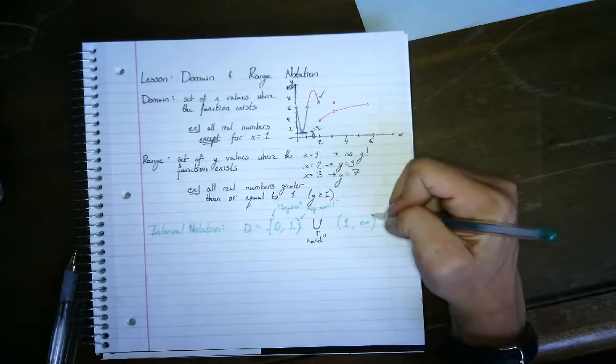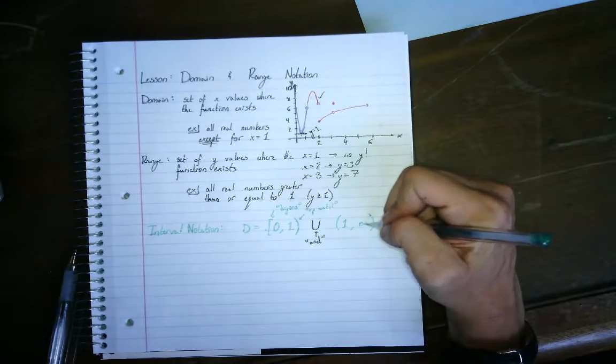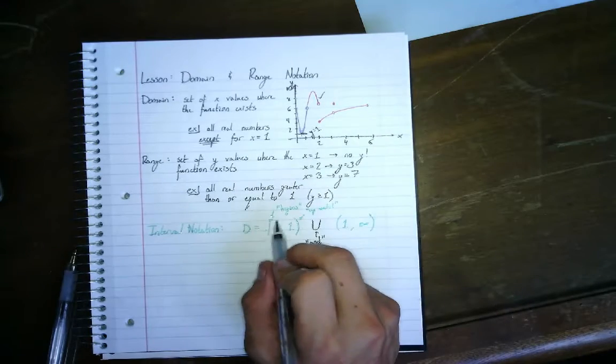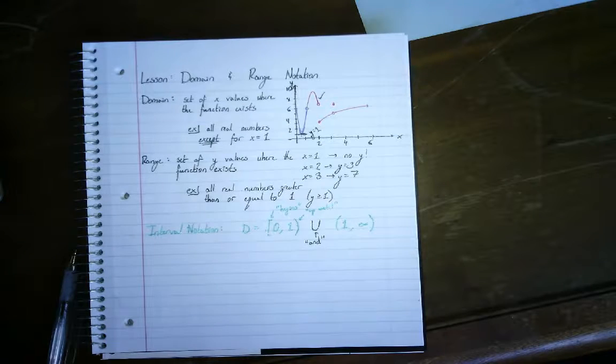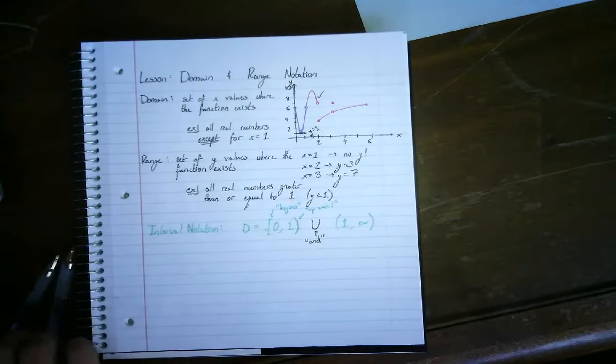And so just good notation is a parenthesis for this. If it was a definite number, we would close it with another bracket, but because infinity technically isn't a number, we can just say it goes towards infinity, not to infinity. So that's one way of talking about the domain.